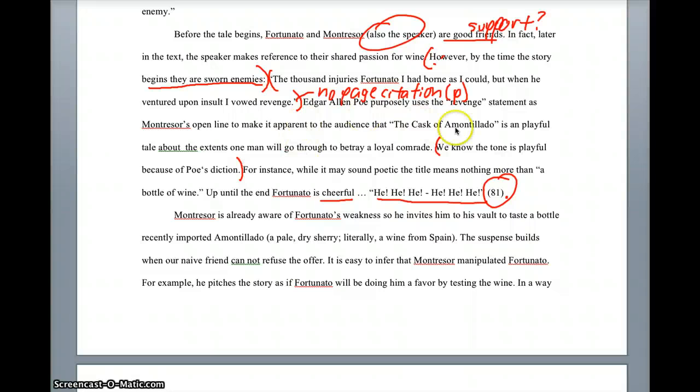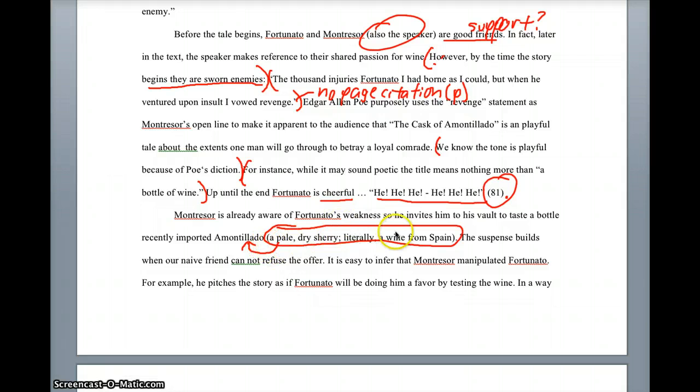So this could be a really good point, but if you'll read it to yourself, you'll notice it's quite awkward. Just like this piece right here just kind of throws out a statement that actually means nothing. Okay. All right. We see here this definition of amontillado.